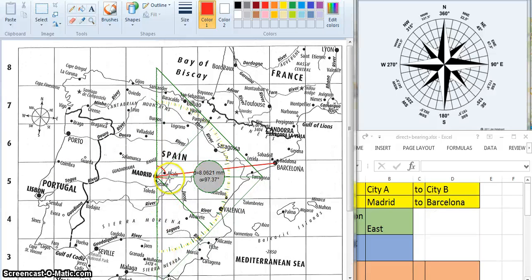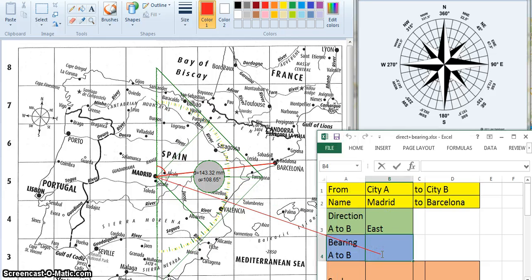Okay, and all we have to do then is start here at 0 and track around until we meet our red line. So we can see that our degrees are tracking along quite nicely here, 60 degrees, 70, heading up to 80, and we meet our red line there at 83, or rounding up we can go to 84 degrees.